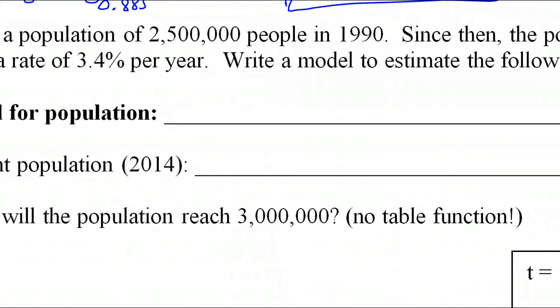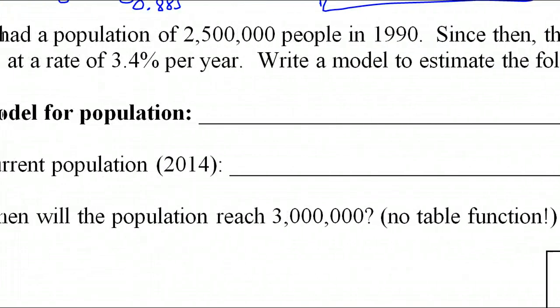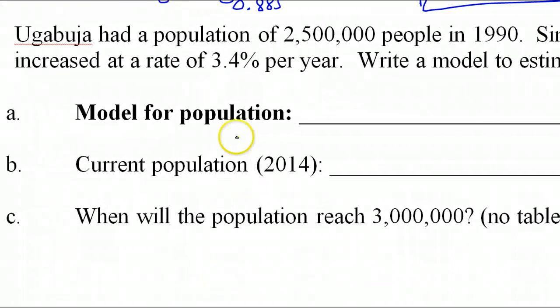Number 5. The population was 2,500,000 people in 1990. Since then, the population has increased at a rate of 3.4% each year. Write a model. Okay, this is simple growth. It's not compound interest or anything.